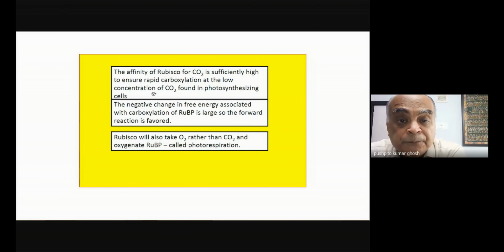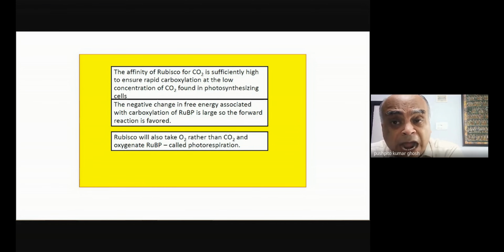Now, the negative change in free energy associated with carboxylation of RuBP is large, so the forward reaction is favored. It's saying the same thing. So in a way, the kinetics and the thermodynamics are both pretty good, because the actual concentration of CO2 is quite low. The concentration of CO2 in the atmosphere is very low, about 300, 400 ppm.